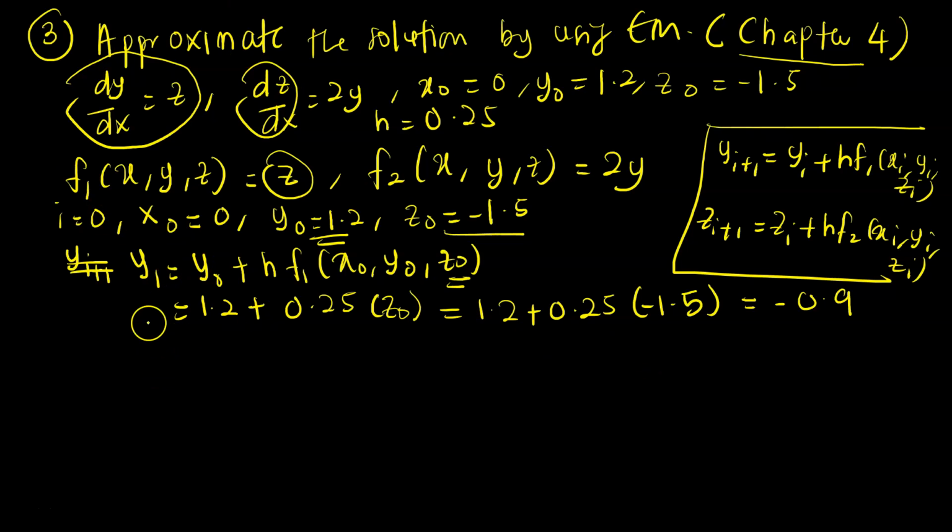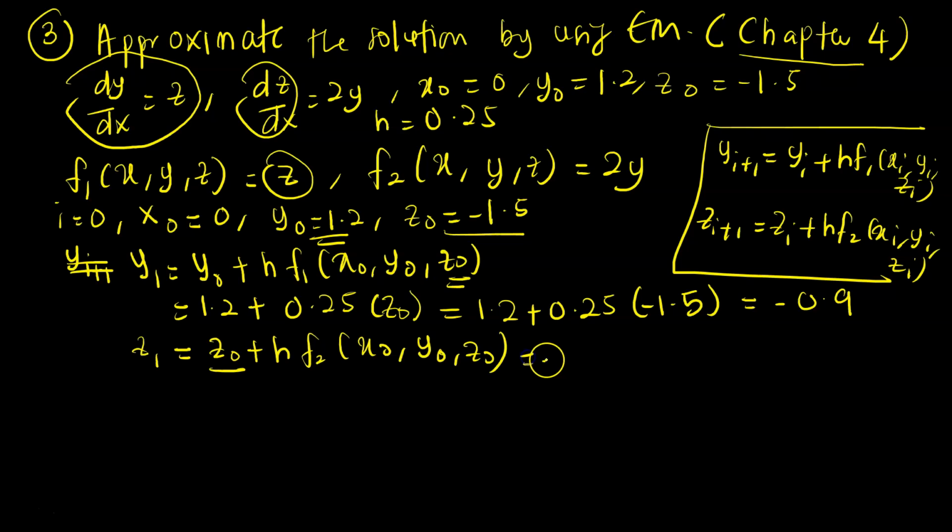And then once we got y1, we need to solve for z1 by using this formula. z1 equal to z naught plus h f2(x naught, y naught, z naught). So in this case, z naught is given by negative 1.5, meaning negative 1.5 plus 0.25, and then now we are referring to the second equation.